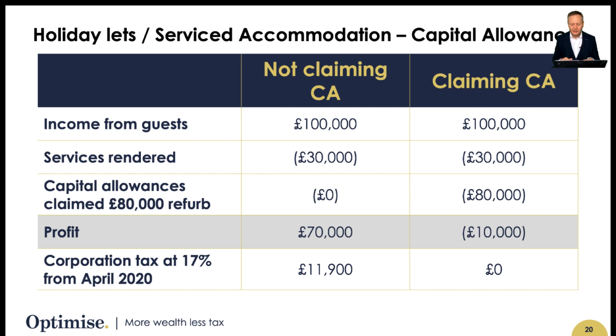Now, the nice thing about this is that on your financial statements for mortgage purposes, and this is really interesting, they will see that you've made a profit of £70,000. But in your tax return, this is a CT61 tax report, which would then show a loss of £10,000.